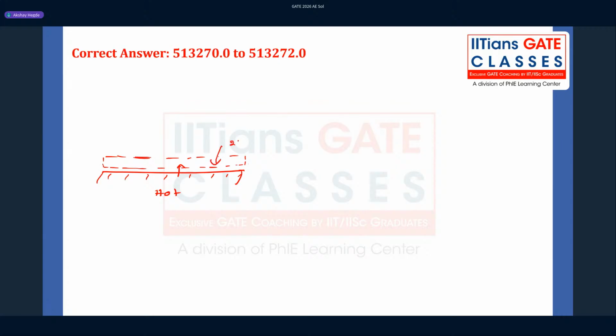So it was initially at 25 degrees Celsius, and now I am raising it to 900 degrees Celsius. Intermediately I have 660 degrees Celsius where it melts.